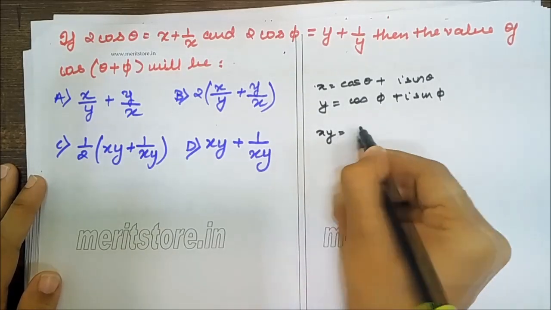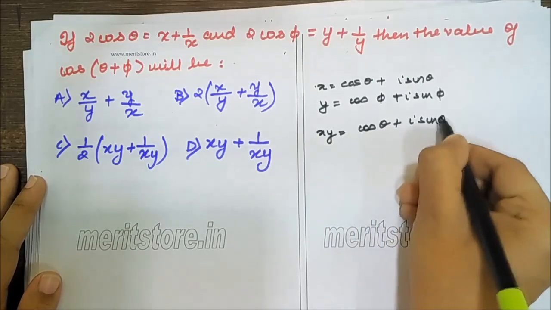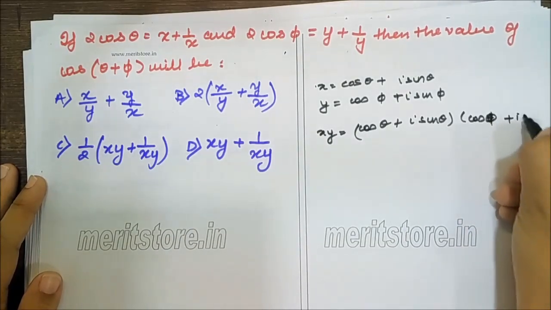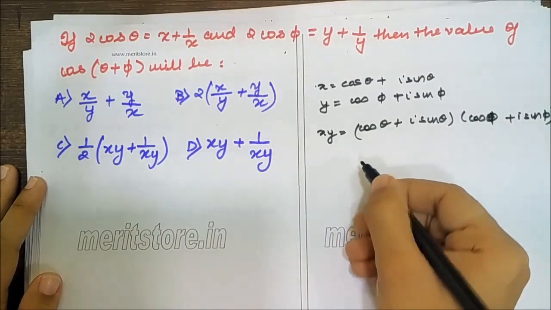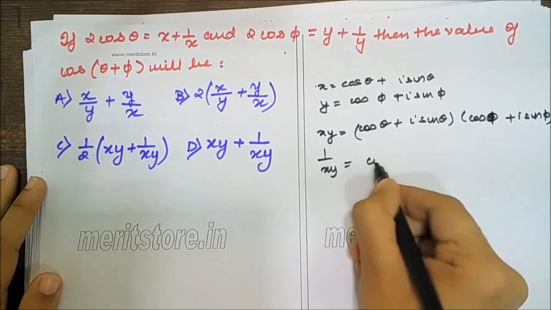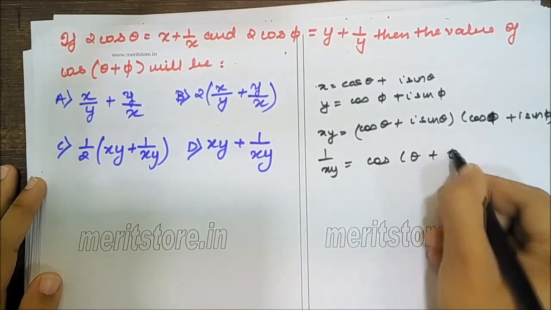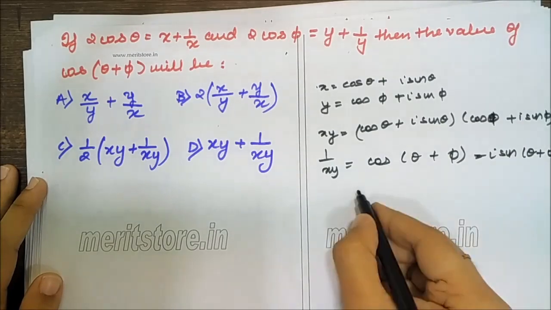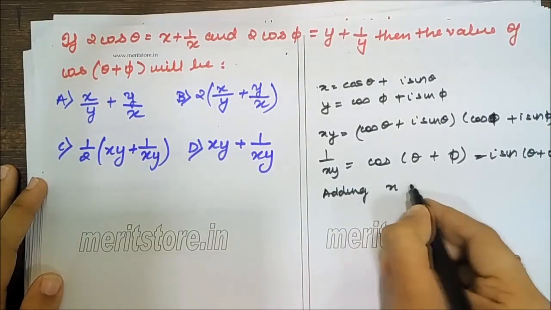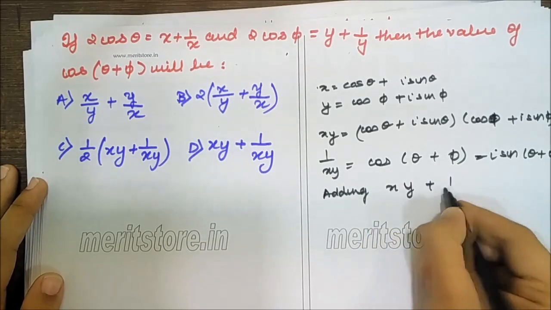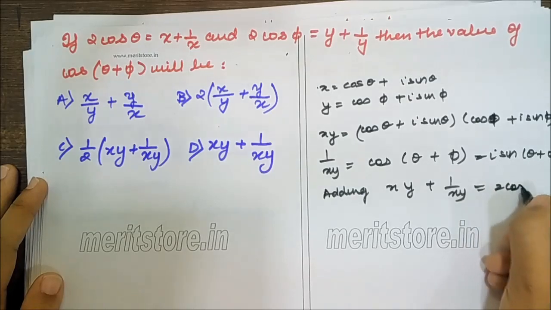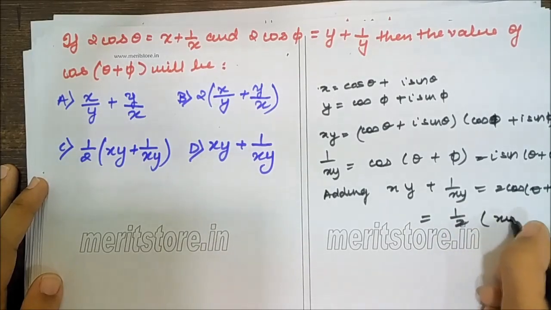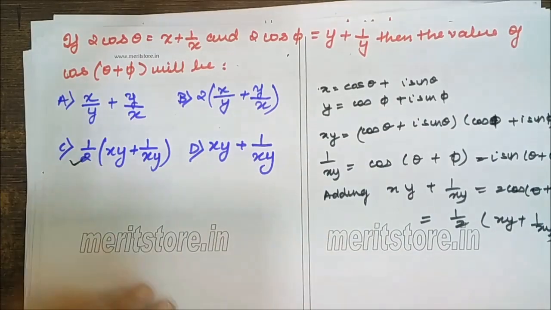Now xy will be (cos θ + i sin θ) multiplied by (cos φ + i sin φ). So 1/xy is equal to cos(θ + φ) − i sin(θ + φ). Adding xy + 1/xy, you get 2cos(θ + φ), that is nothing but half of xy + 1/xy. So your answer is C.